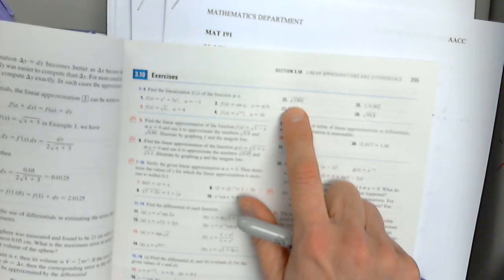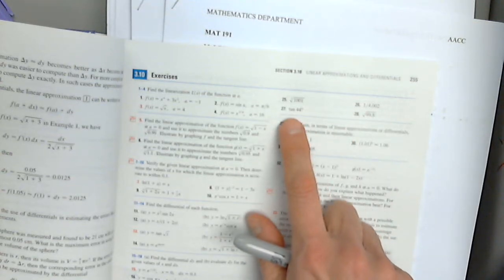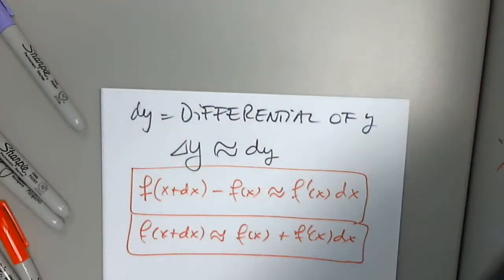We are going to use differentials to estimate the given number. What would you like to estimate? 1.999 to the fourth power, e to negative 0.015, the cube root of 1001, 1 over 4.002, tangent of 44 degrees, the square root of 99.8. Please choose any.